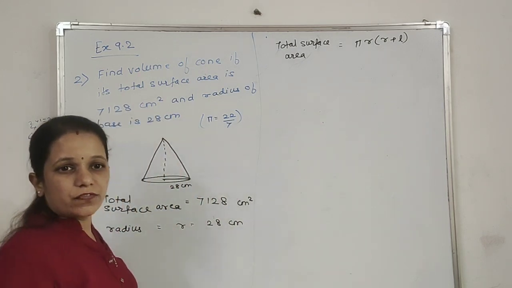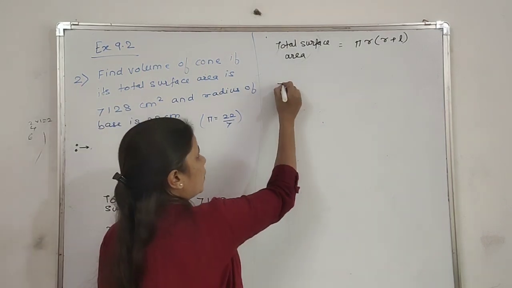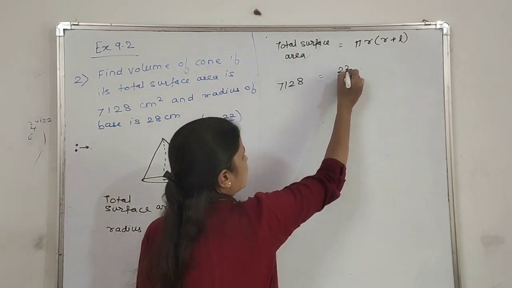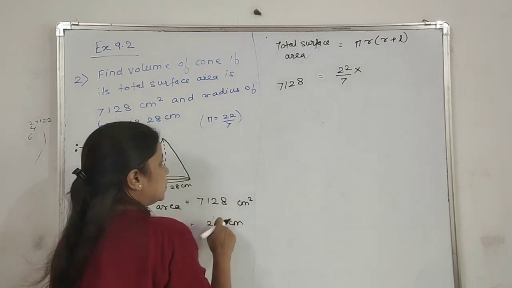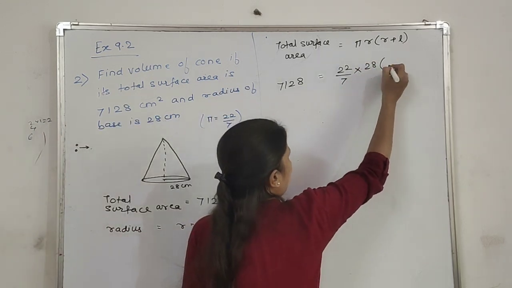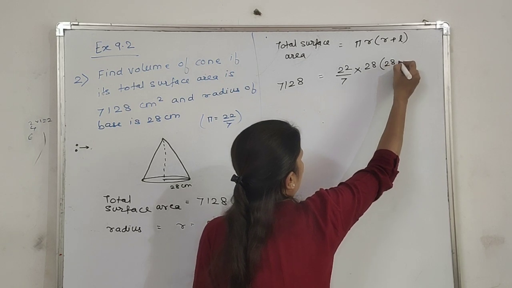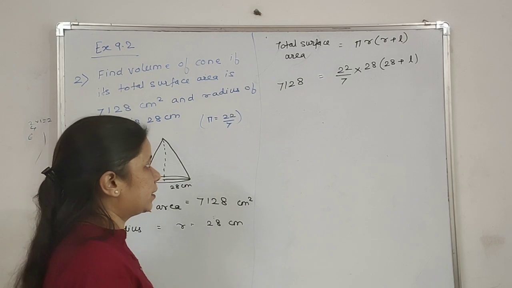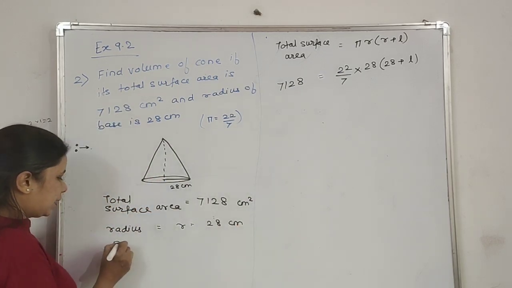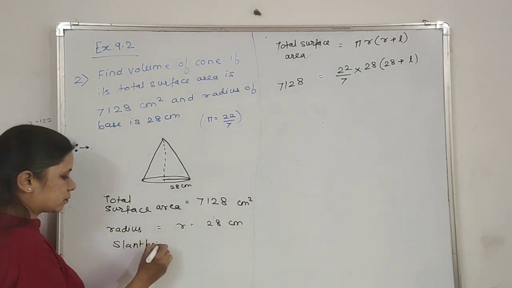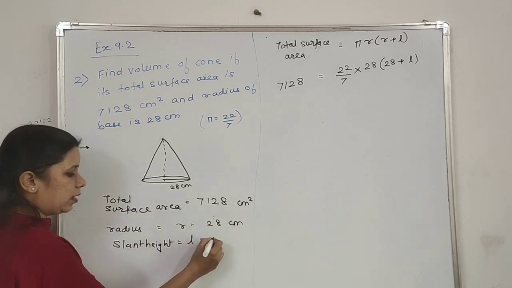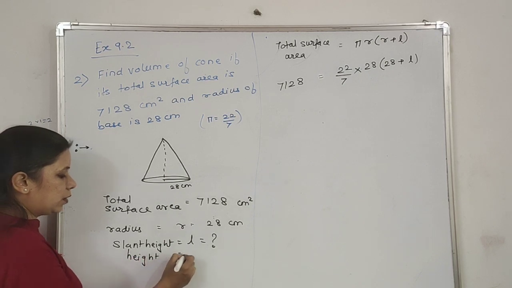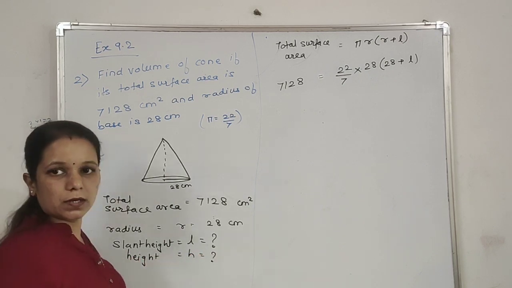Total surface area is given as 7128 is equal to pi, 22 by 7, into R which is 28, bracket 28 plus L we need to find out, that is the slant height. So here I will say slant height L equal to question mark and height H equal to question mark.